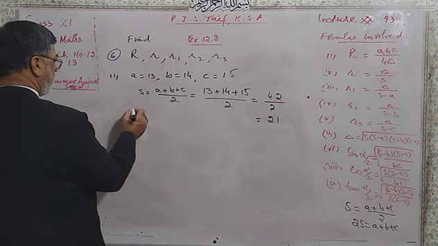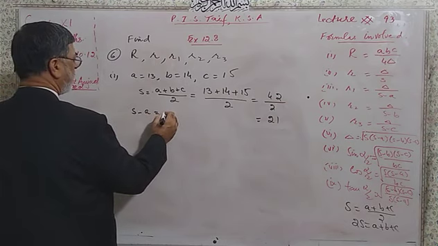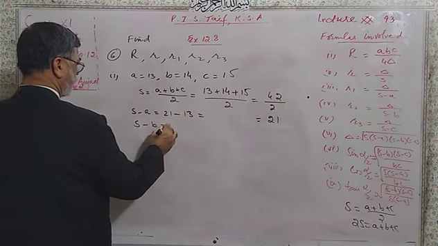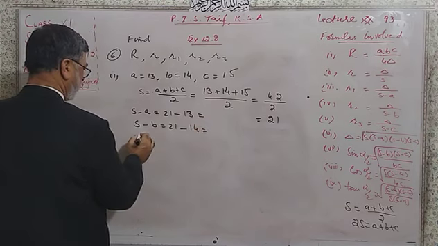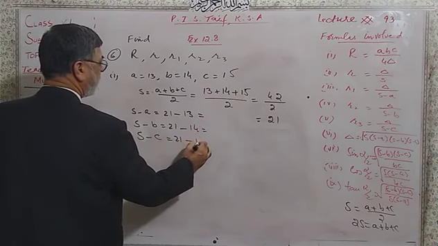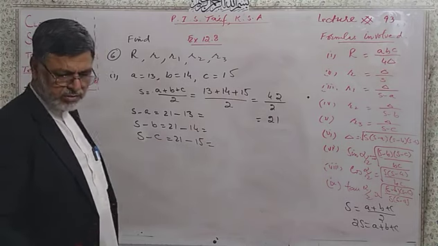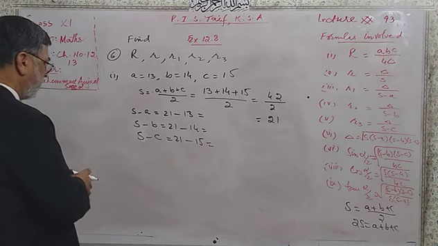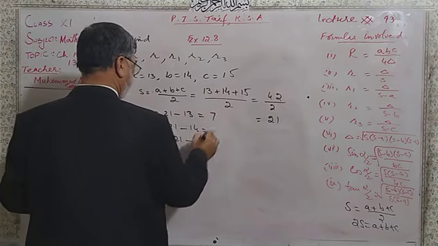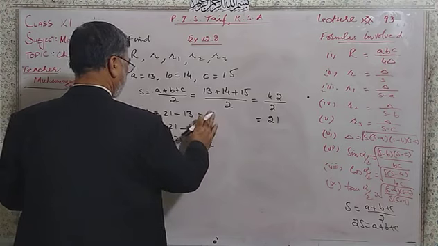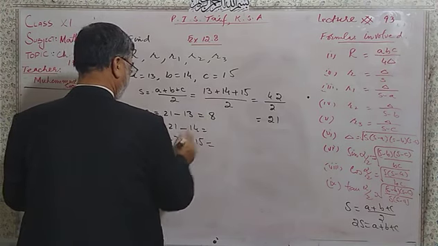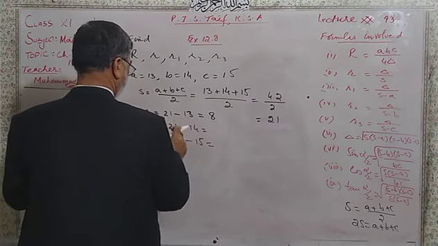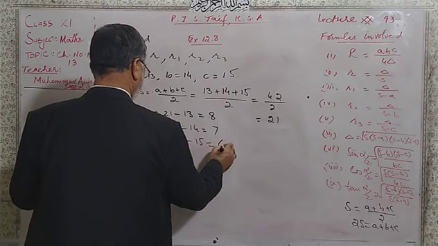So we will have S minus A, 21 minus 13, S minus B, 21 minus 14, S minus C, 21 minus 15. So dear students, this is 8, 7, and this is 6.